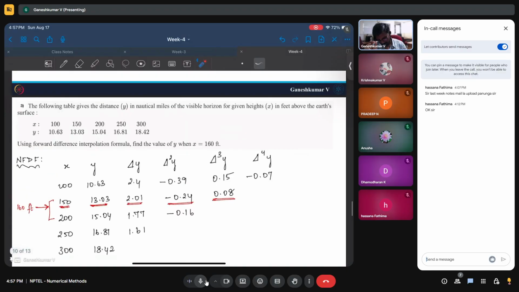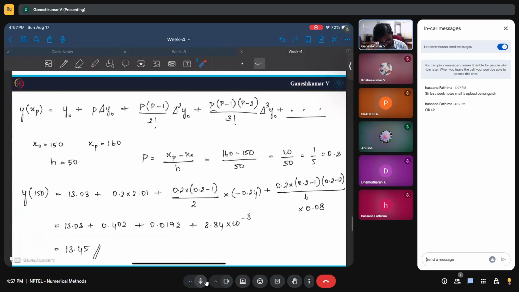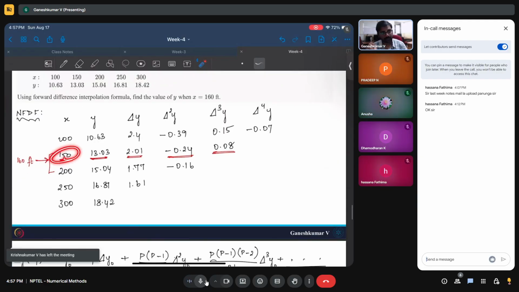The important point is this p you have here: p should lie between 0 and 1. It cannot be more than 1. That's why we chose x naught to be 150. If you had chosen x naught to be 100, it would become 100 minus 160 by 50, then it will be 1.2, so that is not appropriate.